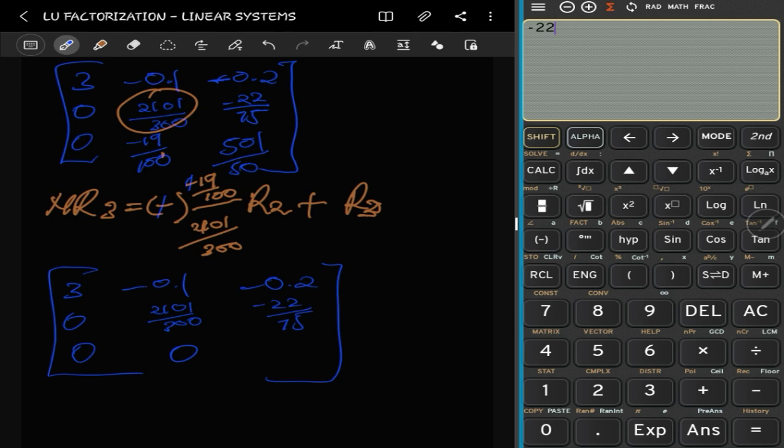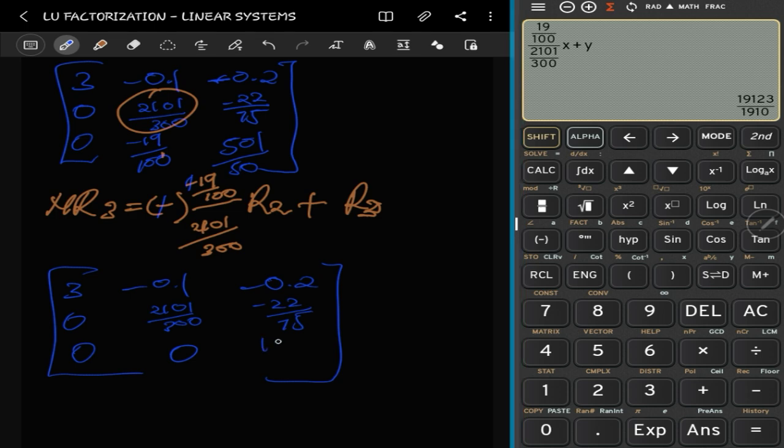We do minus 22 on 75, and then we have 501 1 on 50, and that gives us about 1912. You can use this mouse, depending on the directions of the equation given, or just do 4 decimal places or something.